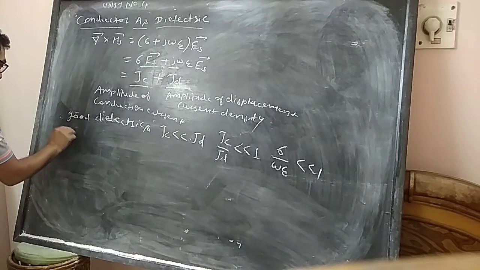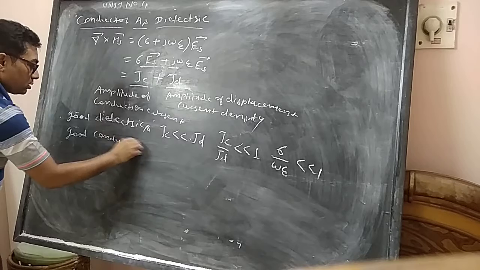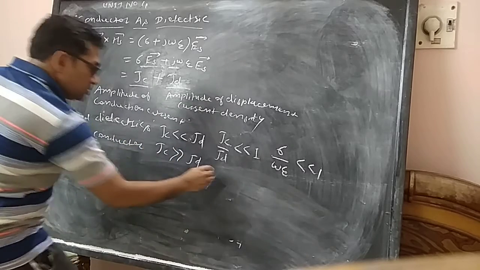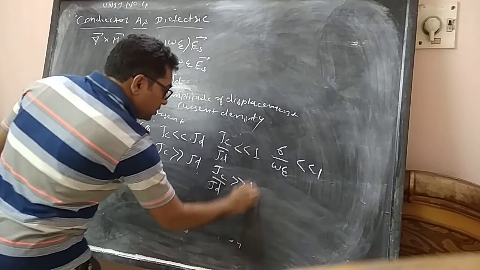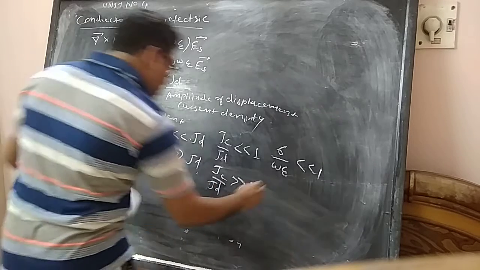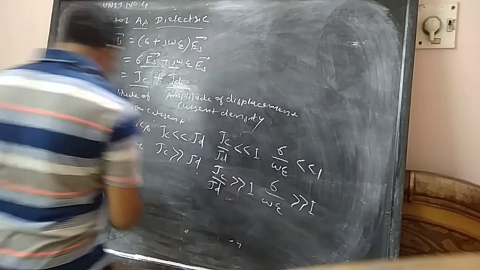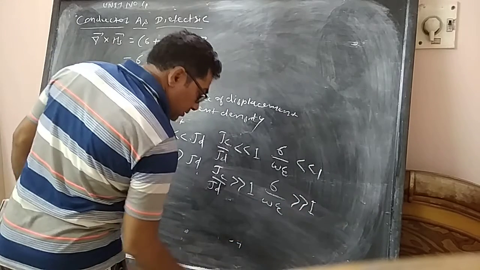And the condition for a good conductor is that Jc is very much greater than Jd. Similarly, Jc divided by Jd is very much greater than 1, and therefore sigma upon omega epsilon is very much greater than 1. So this is about the conductor as a dielectric.